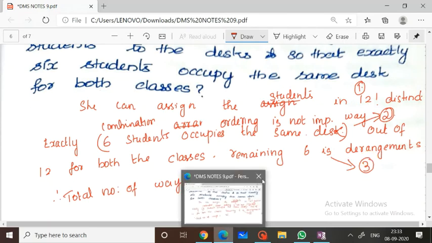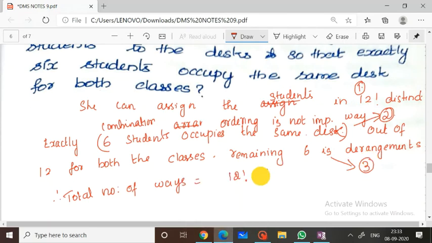So the first answer is 12 factorial, into the second answer, 12C6, because 6 students must occupy the same desk but not the same position, because ordering is not mentioned, which means combination. So 12C6 into the remaining 6 students, that is derangement. Therefore it is D6.